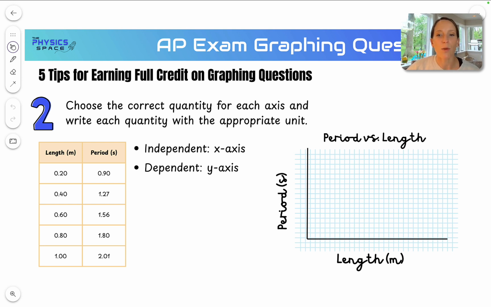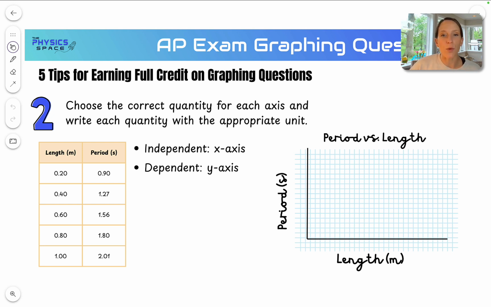We want to make sure that we label our graph appropriately and we have the units there with the quantity. So notice here I have labeled the length in meters and the period in seconds. We can also title our graph as our y-axis value versus our x-axis value. So we want to make sure that we have those in the right spot.